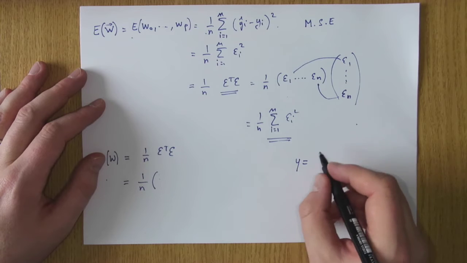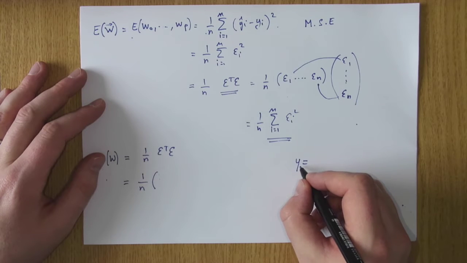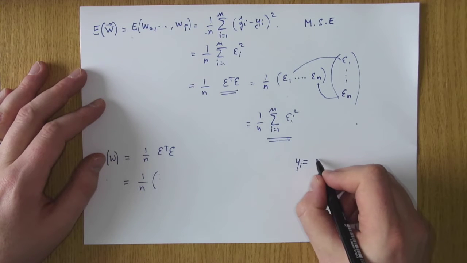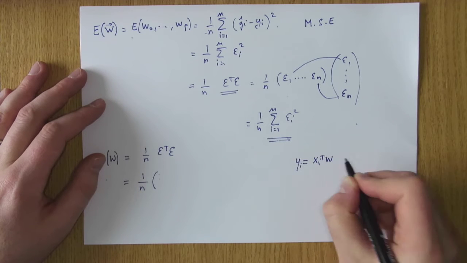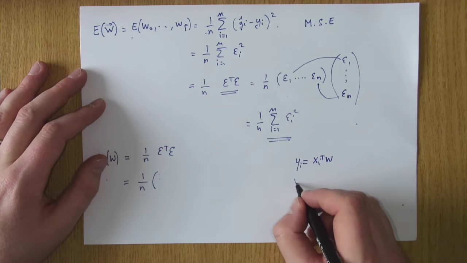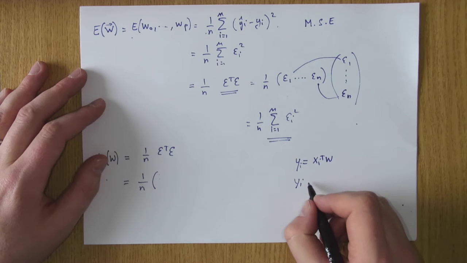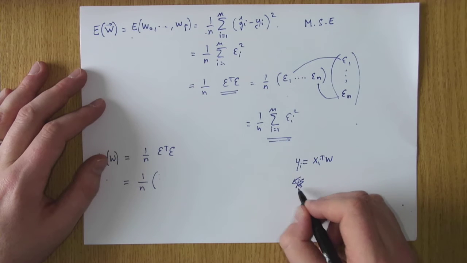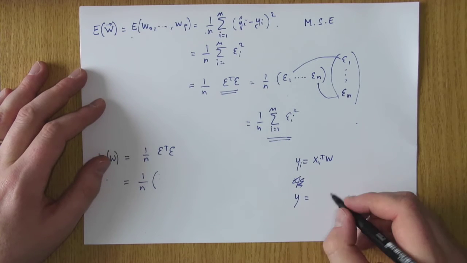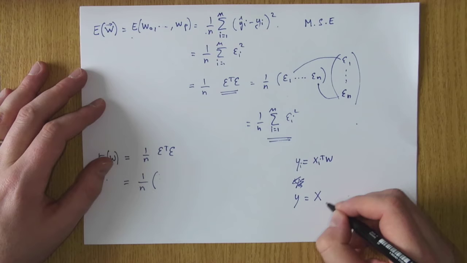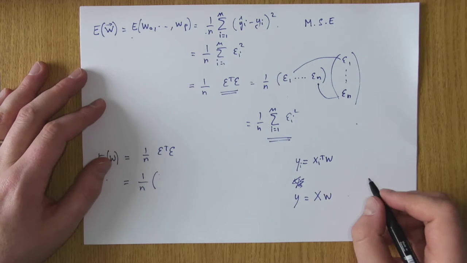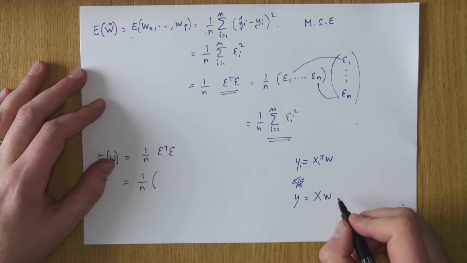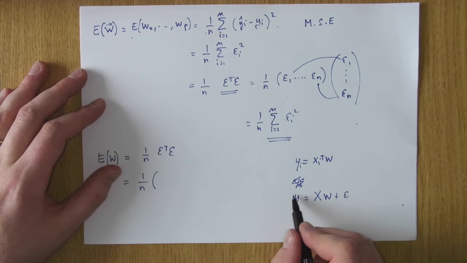So our linear model was y is xi transpose w. Okay, and so the real linear model was combined together. We have y is X, which is the design matrix, times w, and plus epsilon.